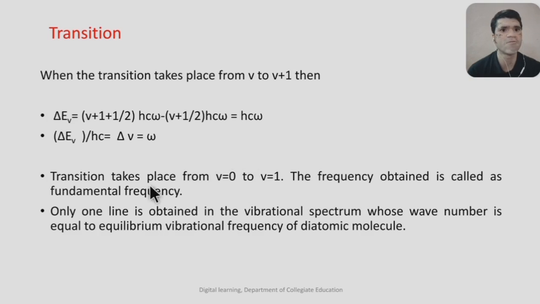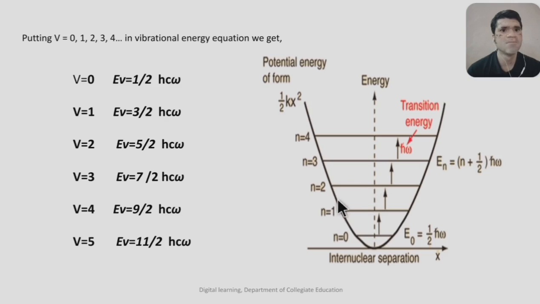When the molecule jumps from this energy level to this energy level, it is called the fundamental vibrational frequency. If it jumps from V equal to 0 to V equal to 2, it will be twice the fundamental frequency, and it is called an overtone.